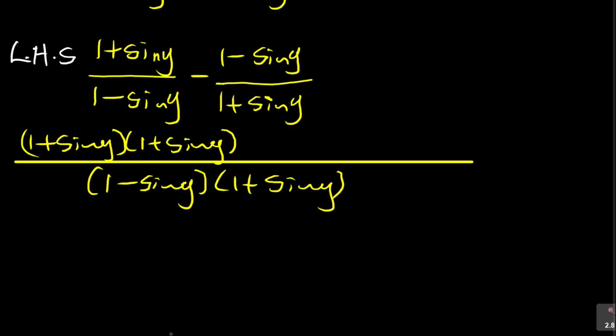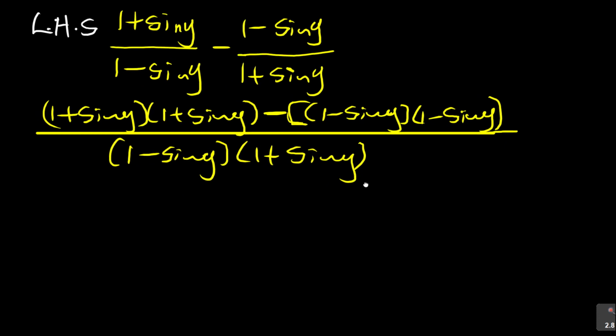Be careful now of this negative sign, so it's better to have a bigger bracket, with 1 minus sin y times 1 minus sin y. This is what I have, and then I need to expand this part.